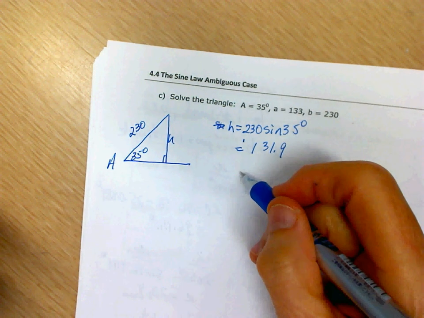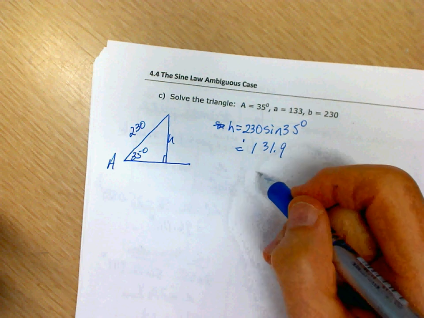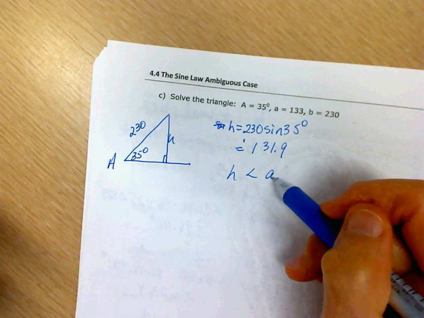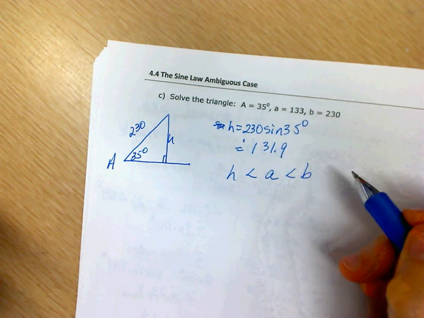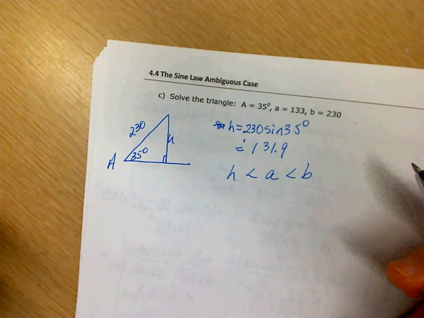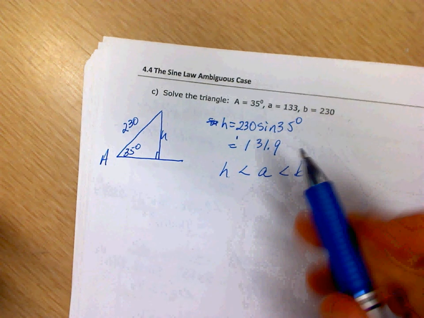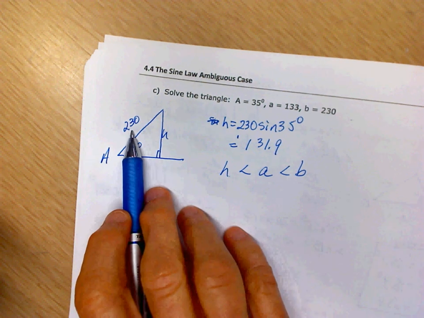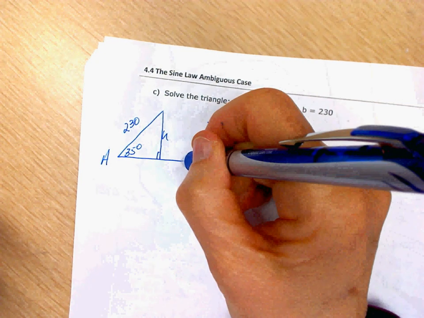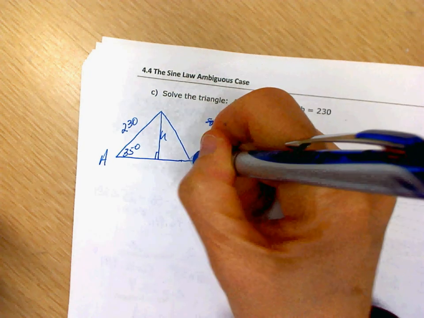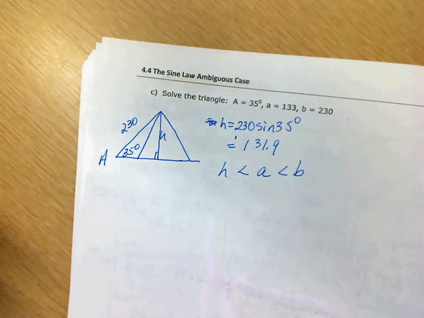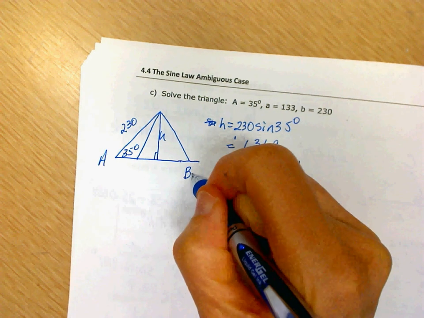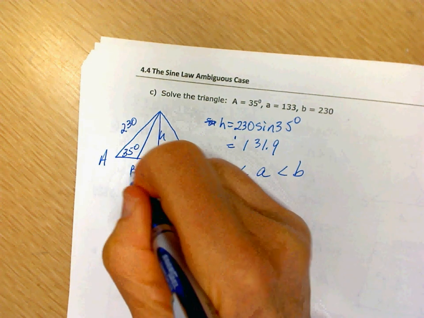A is between, so here's our height. Our height is less than A, which is less than B. Agreed? So therefore, whenever A is between the height and the other given side, we know we have two possible triangles. We have this and we have this. So we will call this angle B1 and we'll call this B2, because we're going to have two solutions.